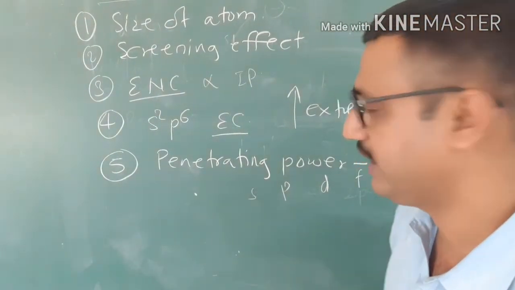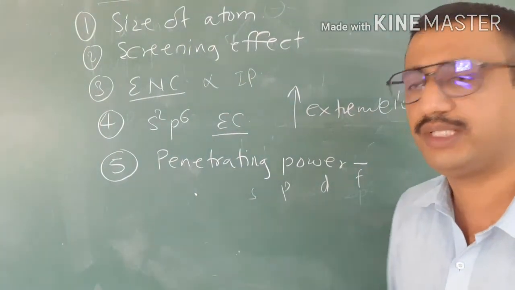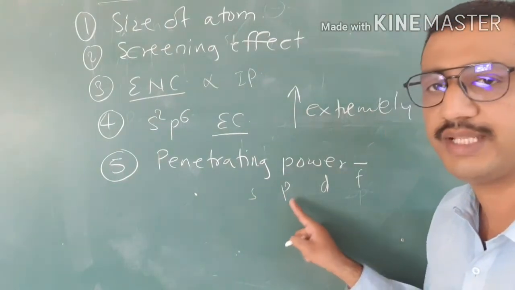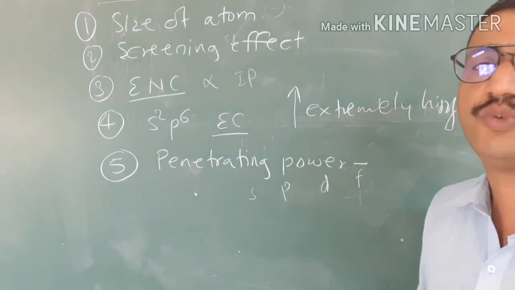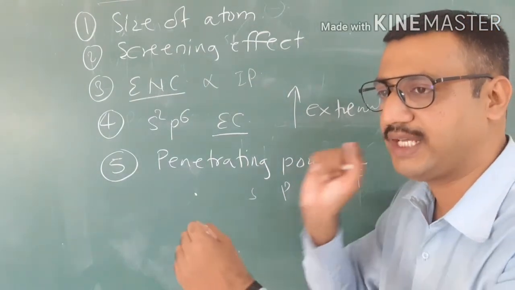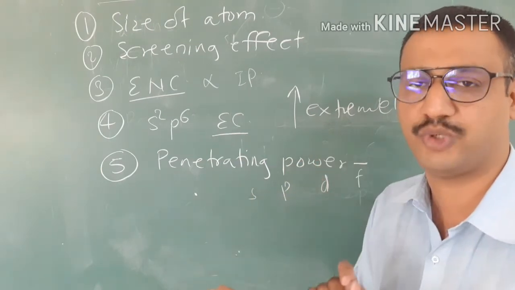Suppose here there is a nucleus, and in the fourth shell, which subshell is nearer to the nucleus? S subshell electrons are nearer to the nucleus, then the p subshell, then the d and then the f subshell. We call them s subshell electrons as they are comparatively nearer to the nucleus. That's why their penetrating power is more.